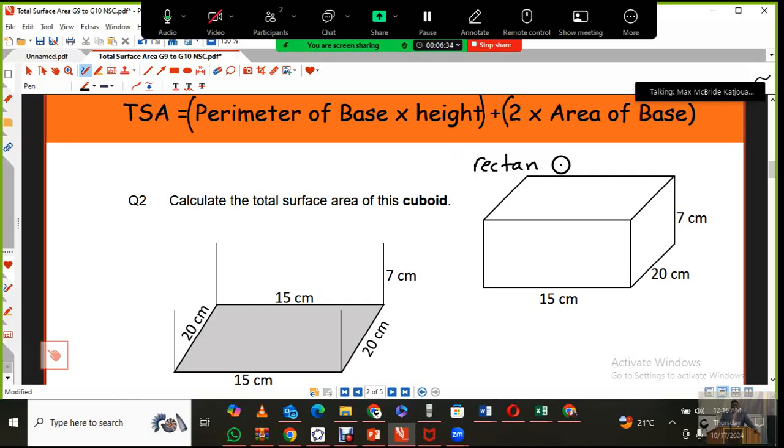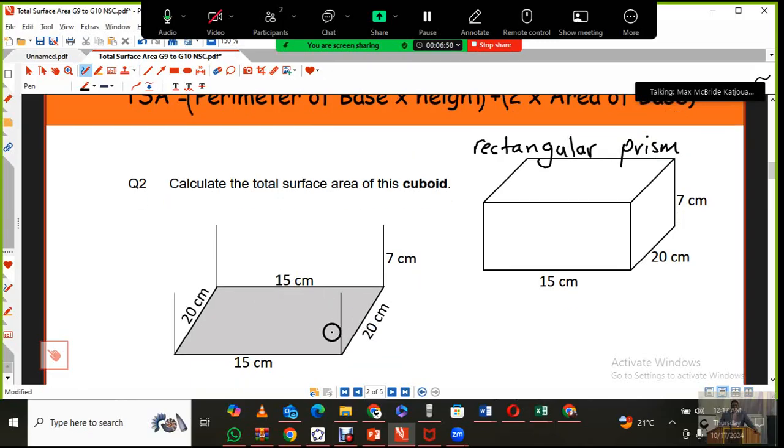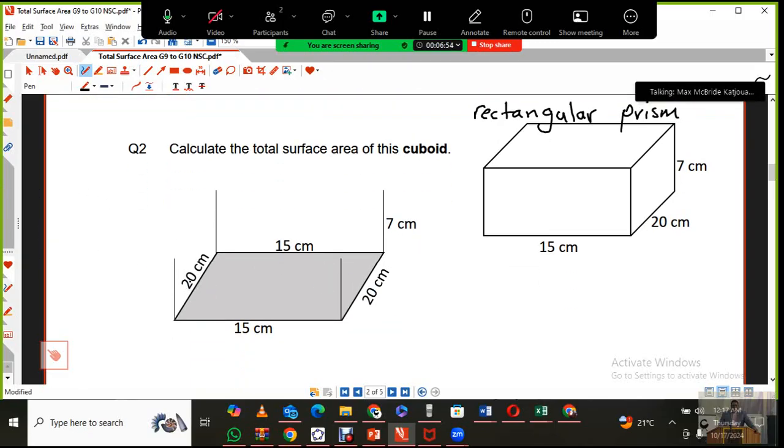Rectangular what? Prism. Okay, so there's another name for that. So using that formula, we're going to calculate the perimeter of the base, right? So I did it this side. So the perimeter of the base is that shaded part, né?